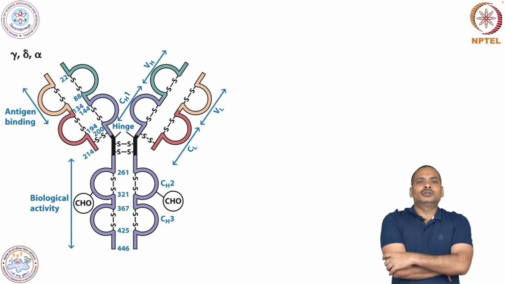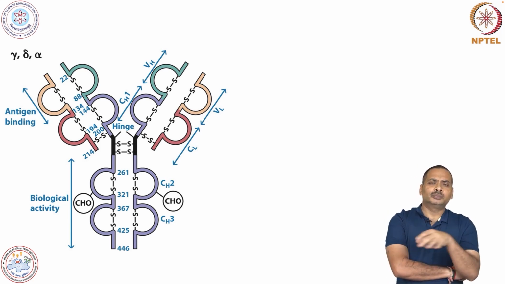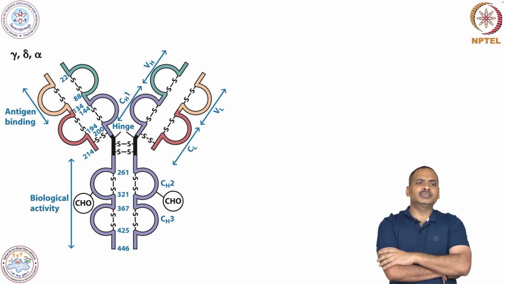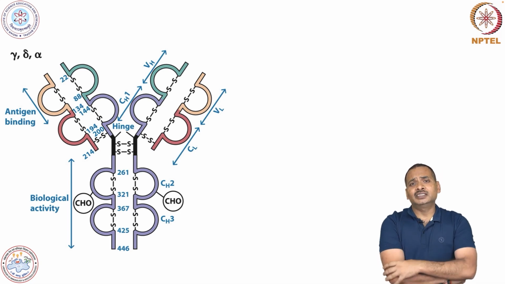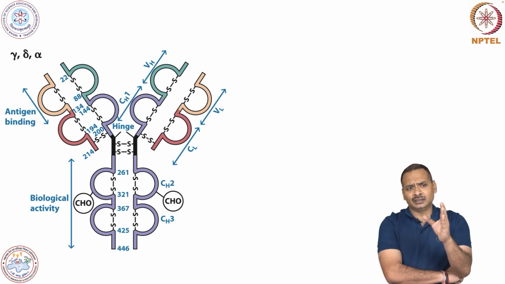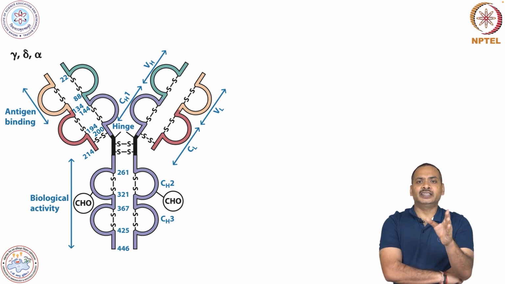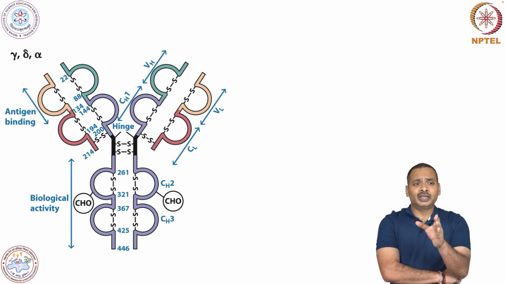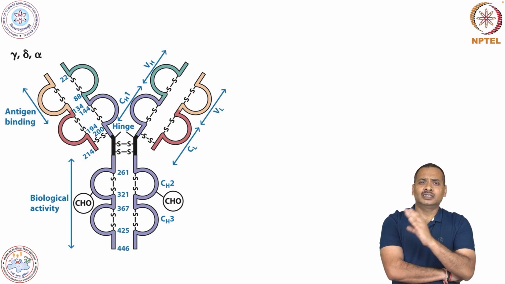Now I will talk about individual immunoglobulins. I will put some in one group. Here you can see IgG, IgD and IgA, which are encoded by gamma, delta and alpha respectively.